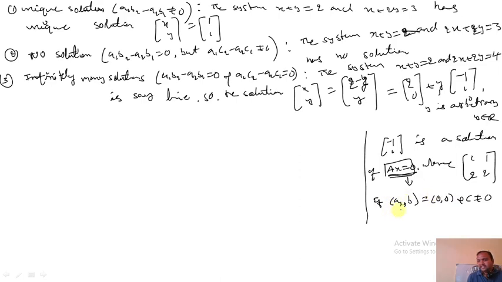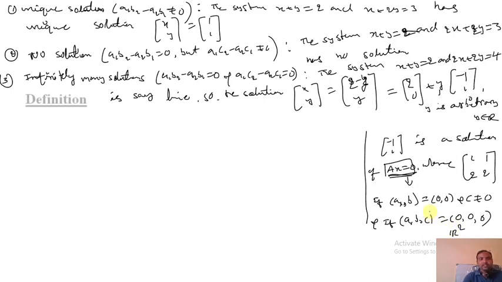In that case the system has no solution. You can check it. And if a, b, c are all 0, the system has infinitely many solutions. The solution set is R2, every element in R2 is a solution.